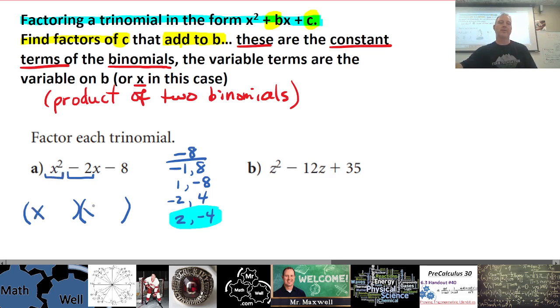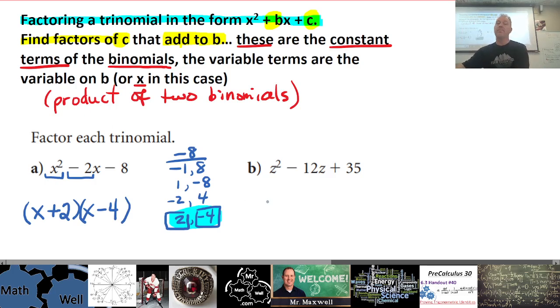So x times x is going to give you x squared. So you're going to start each binomial with the variable. And then this is super easy, guys. You put in each number as the constant term in each binomial. So that's a positive 2, that turns into a plus 2. This is a negative 4, that turns into minus 4. And doing it this way, you've successfully factored your trinomial.